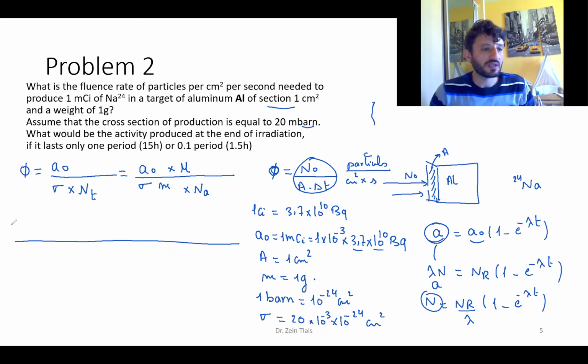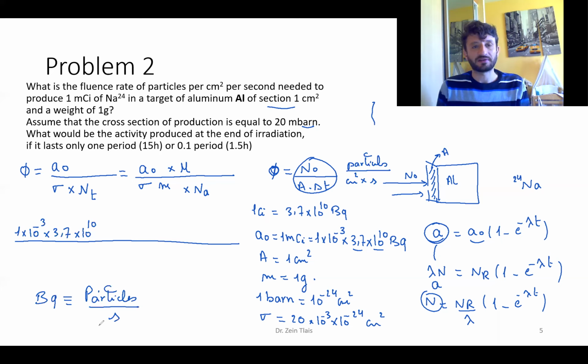Okay, A0 equals 1 times 10 power minus 3 times 3.7 times 10 power 10 Bq. You have to say becquerel. When I say Bq, you know the unit of Bq is particles per second. We can say here Bq is equivalent to particles per second.